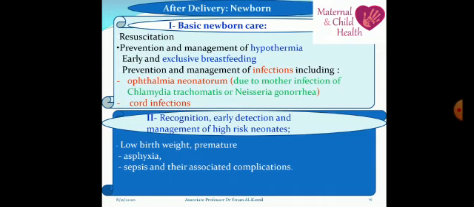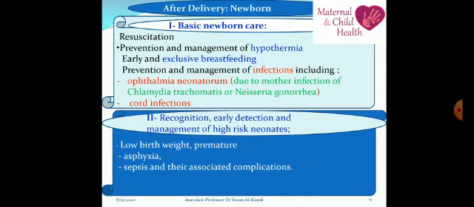If the mother has an infection, when the baby passes through the birth canal, he will acquire this infection. And the most important infection is ophthalmia neonatorum, infection of the conjunctiva or the eyes. And this is mainly if the mother has some sexually transmitted disease such as infection by chlamydia trachomatis or Neisseria gonorrhea.